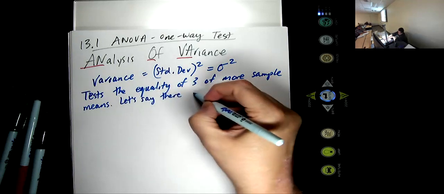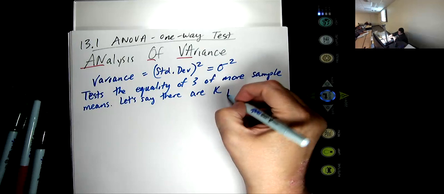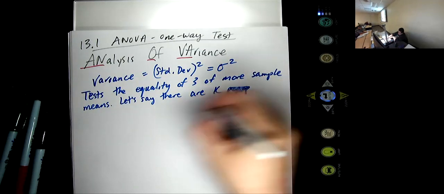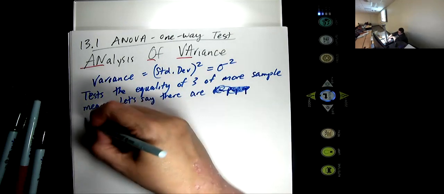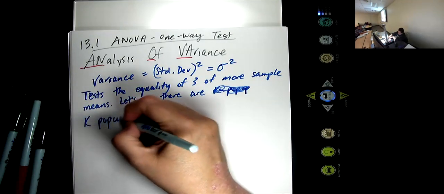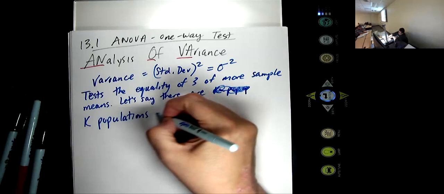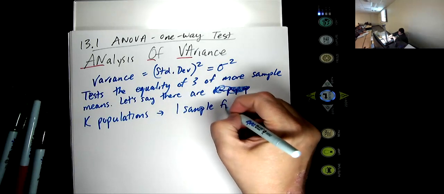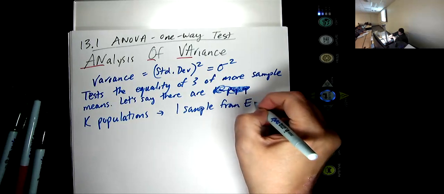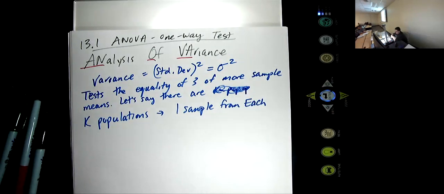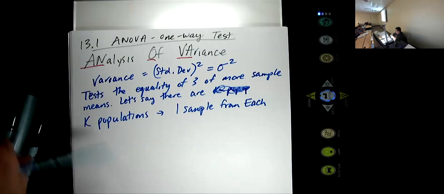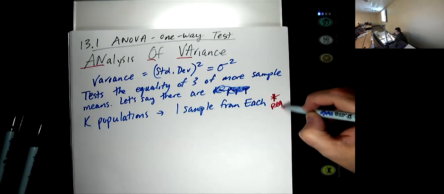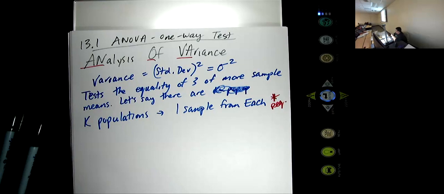There are K populations, K populations, one sample from each. I'm going to put a star on this because this is actually our first requirement. This is required. We'll have more requirements in a second.